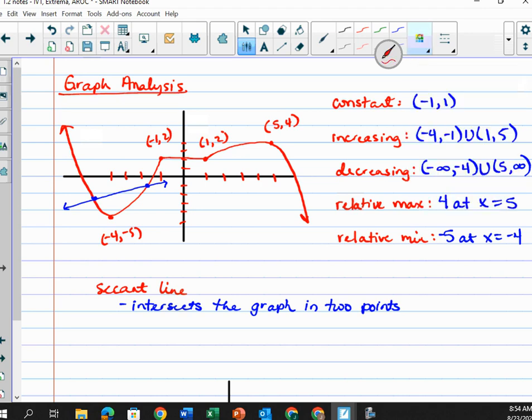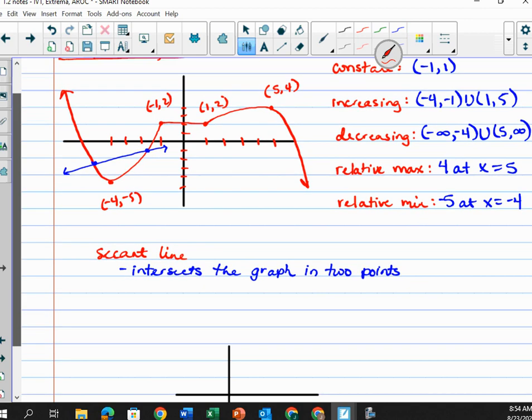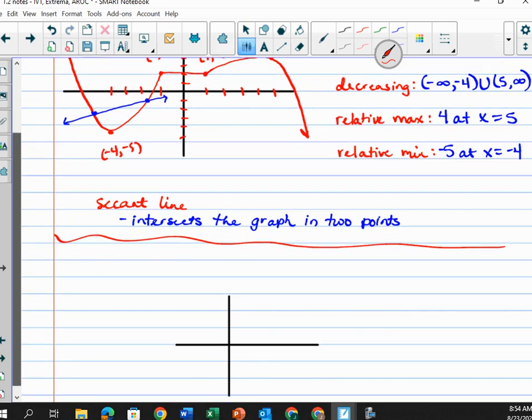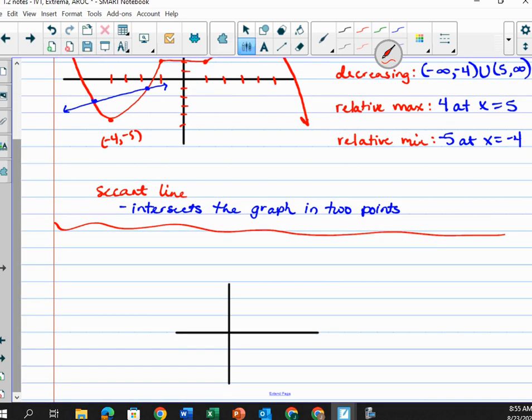This comes into play when we do our AROC, or our average rate of change, okay? So that's our next section. We're going to do average rate of change.